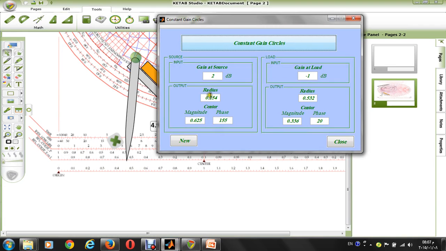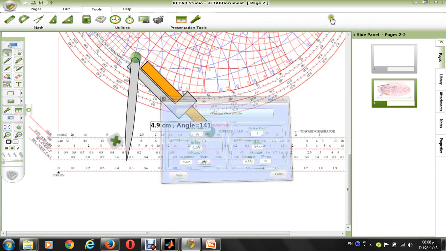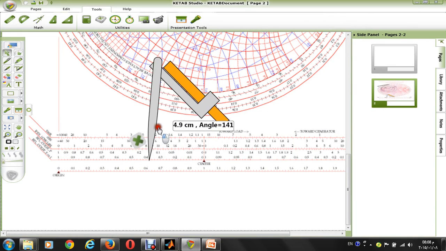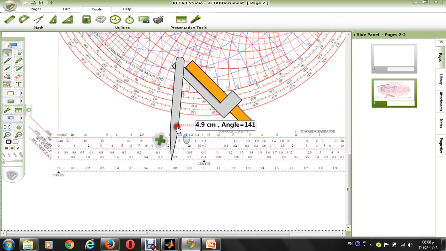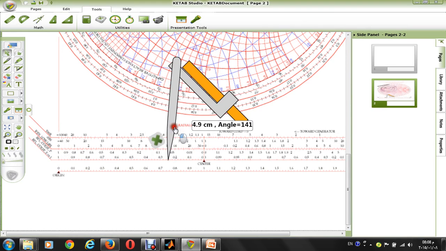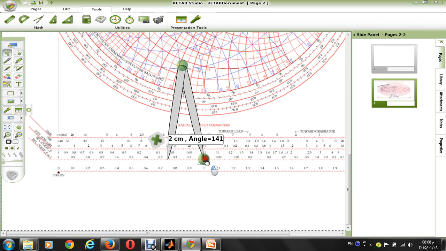The calculator says that the radius is 0.254. This is 2, 4, and here is 5, 4. Okay. No pencil needed. What I need is this.